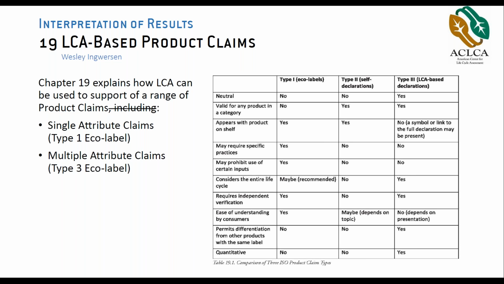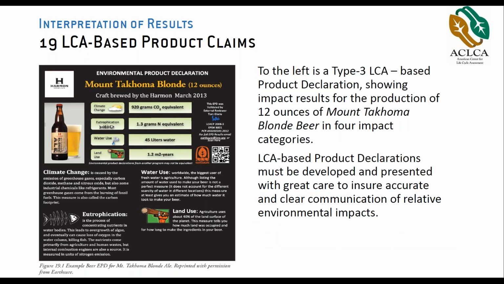And then chapter 19 was making LCA-based product claims, particularly environmental product declarations, but also type 1 eco-labels. So clearly there's a lot of good stuff that you can claim once you can back it up with an LCA. The most popular thing lately, I think, is the environmental product declarations.